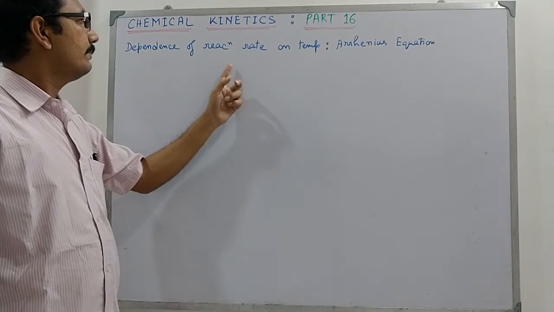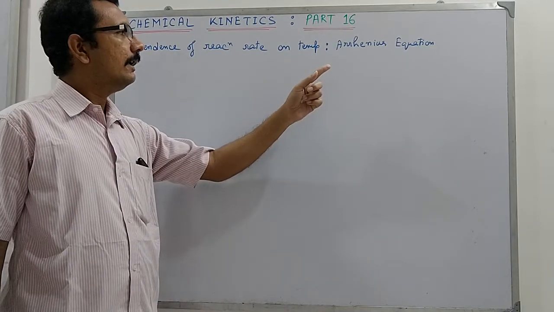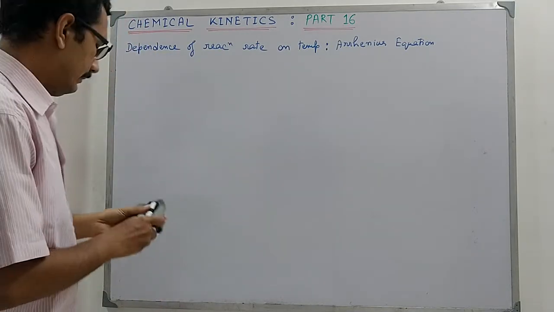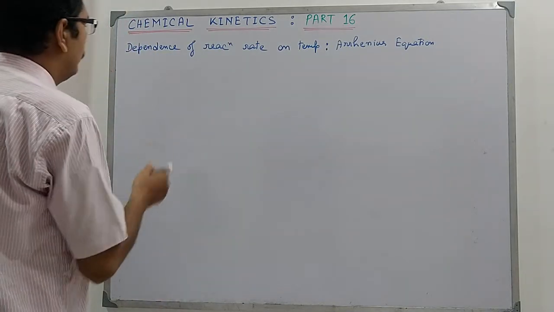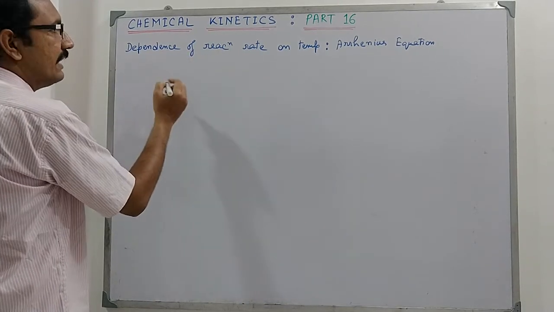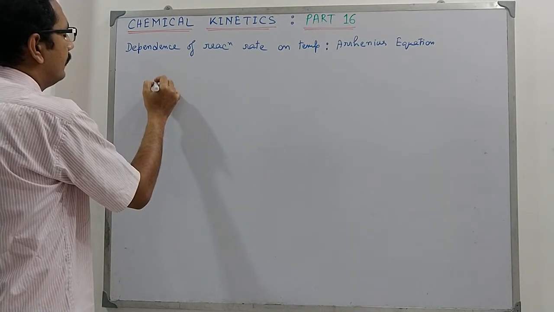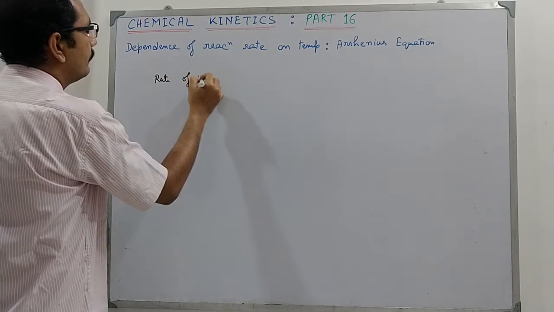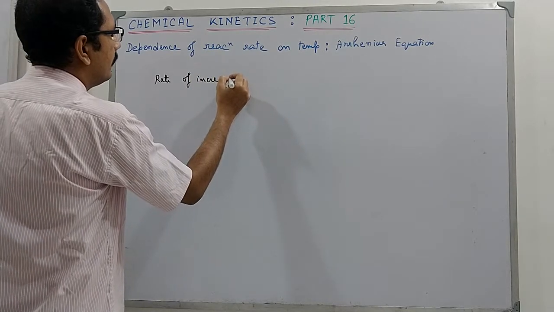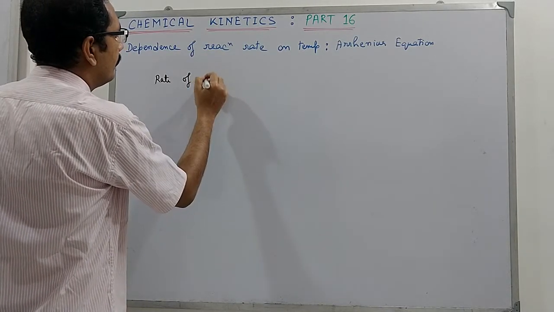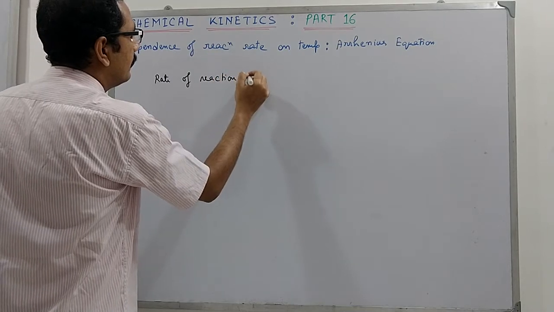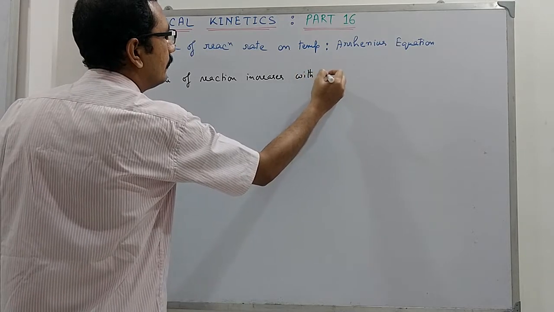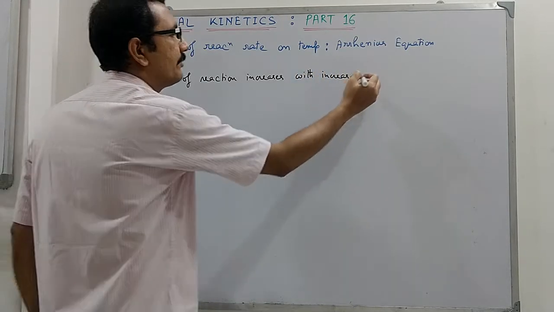It is the dependence of reaction rate on temperature, and in this topic I will deal mainly with the Arrhenius equation. Now Arrhenius noticed that the rate of reaction increases with increase in temperature.